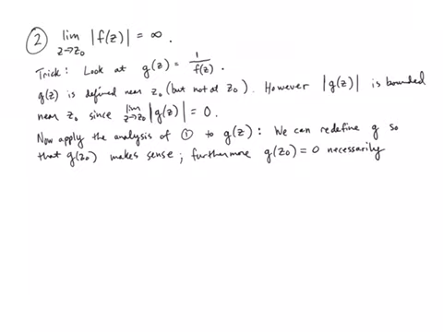And that's because of this limit here. All right, so now we have this function g, which is analytic near z naught and has a 0 at z naught. So thus, z naught is a 0 of g.